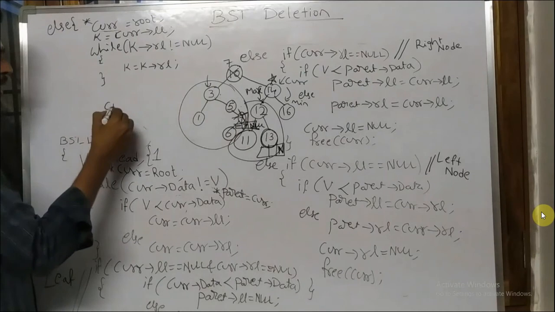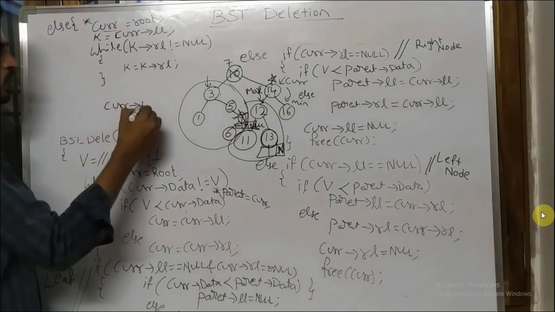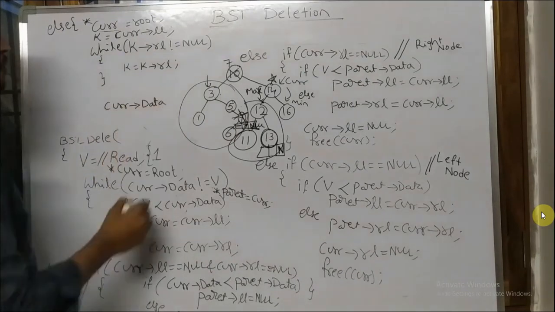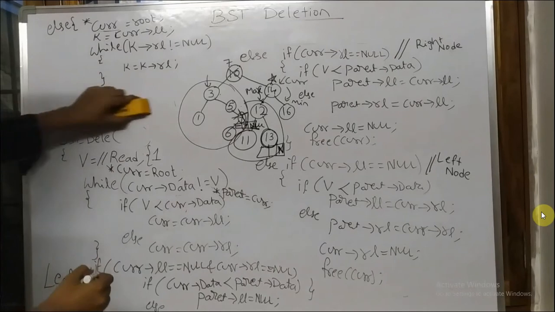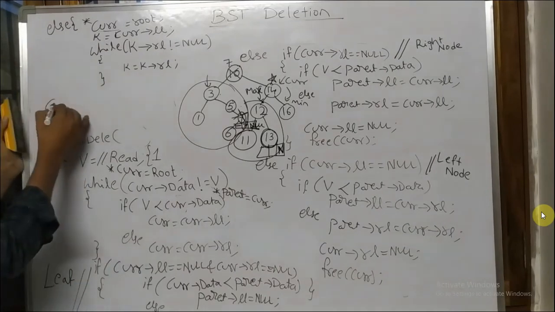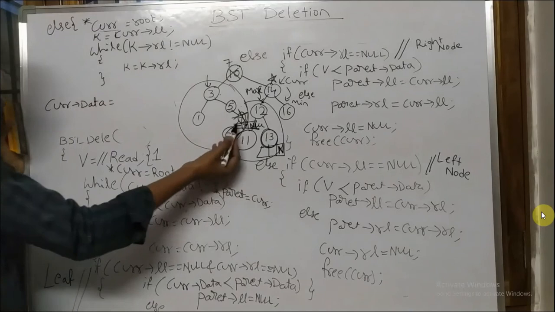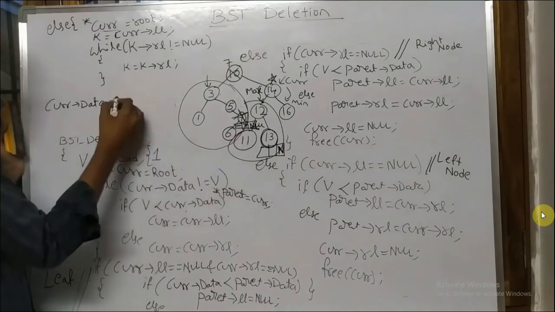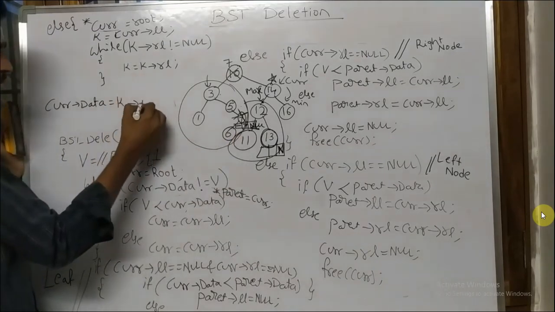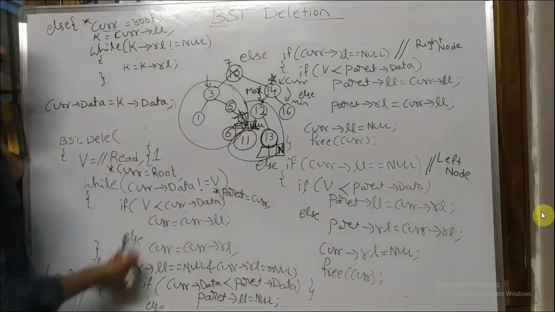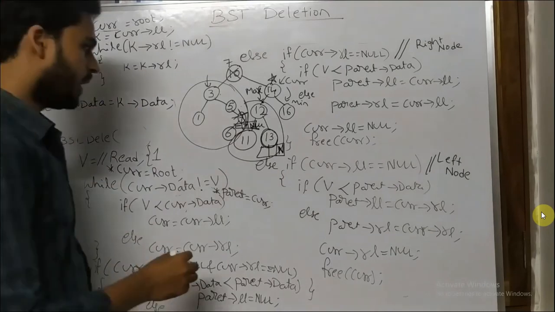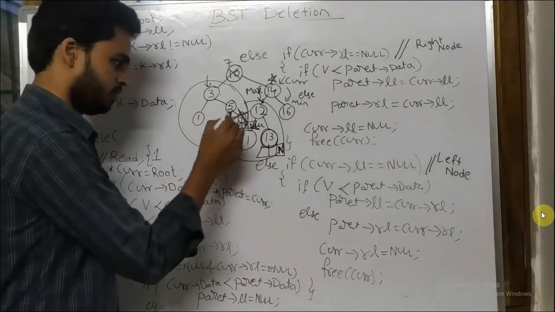So current tends to data equal to, see, my board is very simple. Current tends to data equal, what will I need to place? K tends to data. K tends to data.